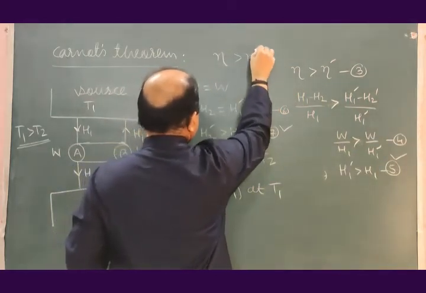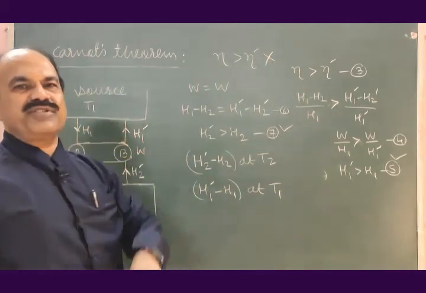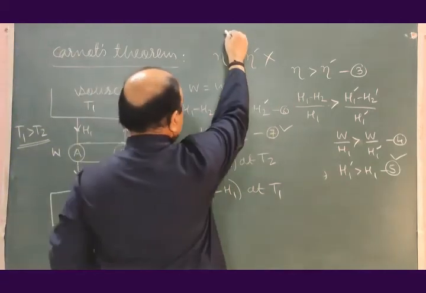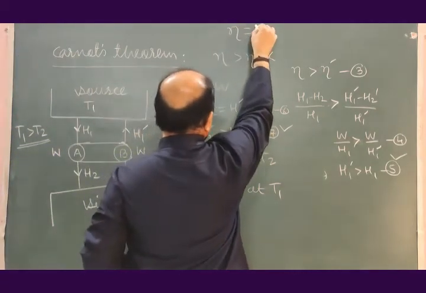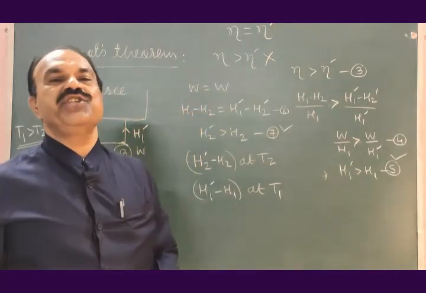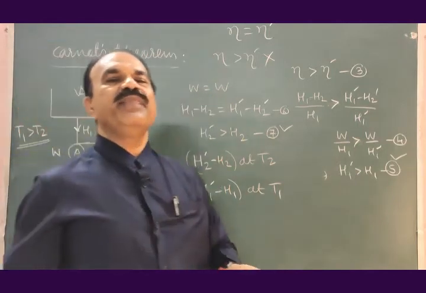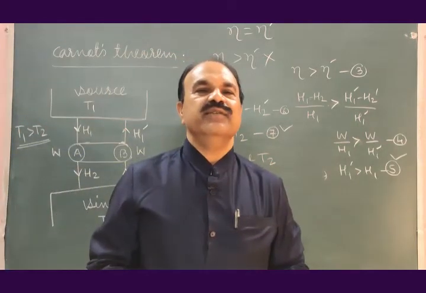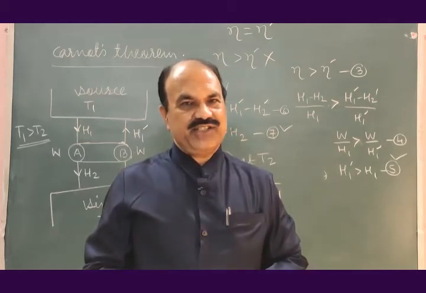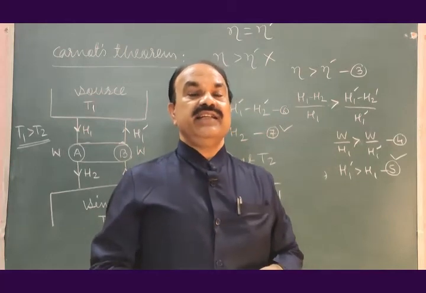Eta greater than eta dash is wrong. This is not possible. Instead, what is possible? Eta is equal to eta dash is possible, and hence the proof for Carnot's theorem. Our challenge is failed.